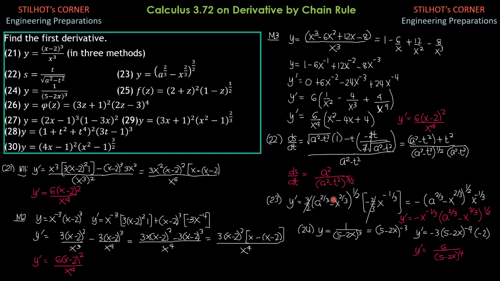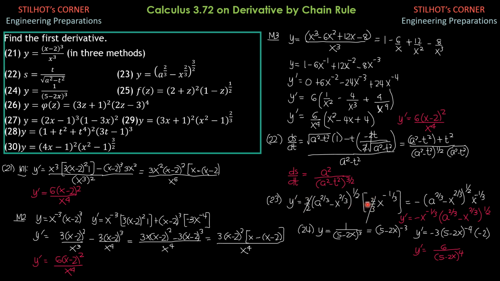formula for this case. So y prime is 3/2 times quantity a to the 2/3 minus x to the 2/3 raised to 3/2 minus 1 is 1/2. Then the derivative of a to the 2/3 minus x to the 2/3 is negative 2/3 x to the negative 1/3. Simplifying, we can cancel 2/3 and 3/2.